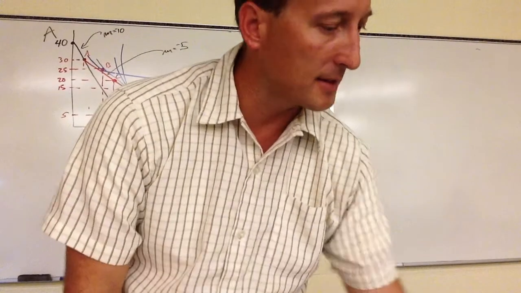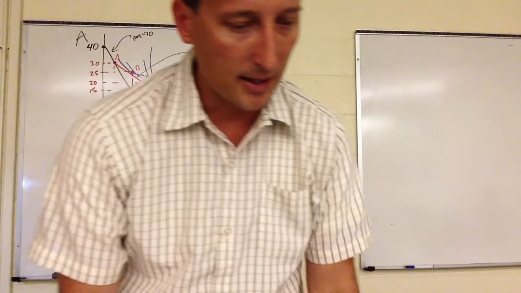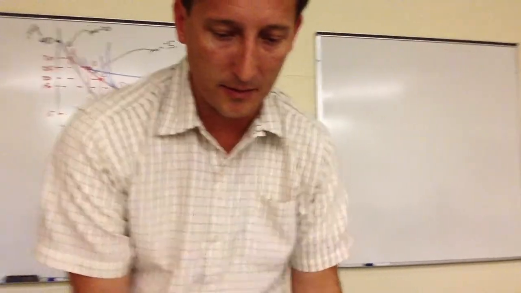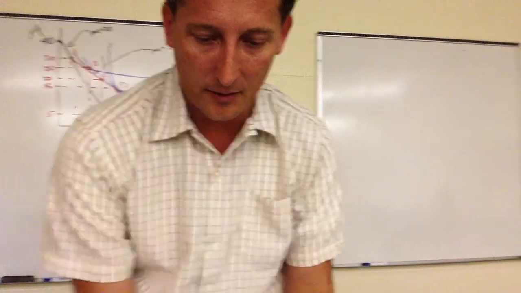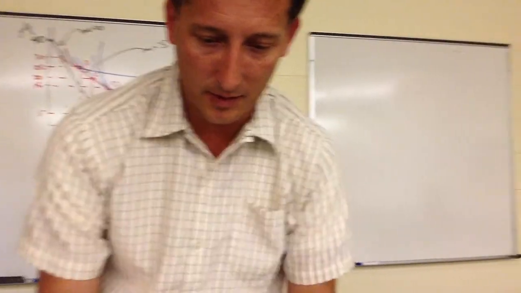Go ahead and graph this out. Graph Annika's budget constraint. And that'll give us something to go on in terms of checking out her behavior with pancakes and golf clubs.